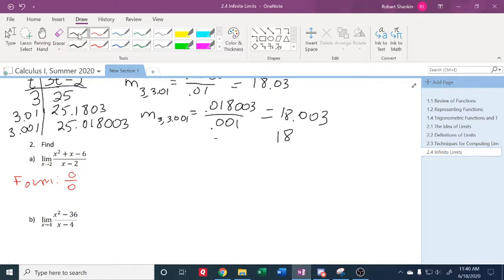And what that tells me is I can't figure this out until I do some algebra. Or I could find this limit with a table or with a graph, but those would only give me approximate answers. The only way I'm going to get my exact answer is if I do it algebraically.